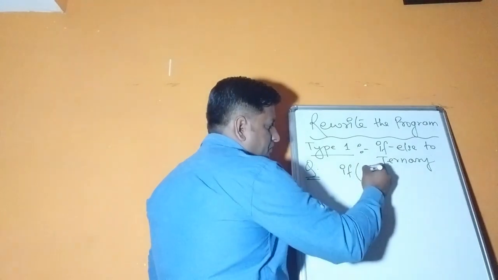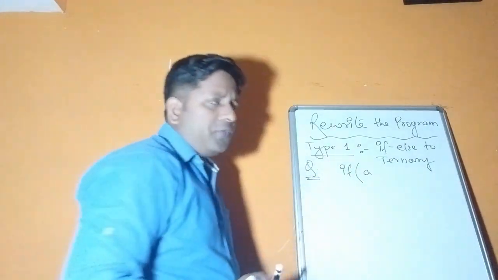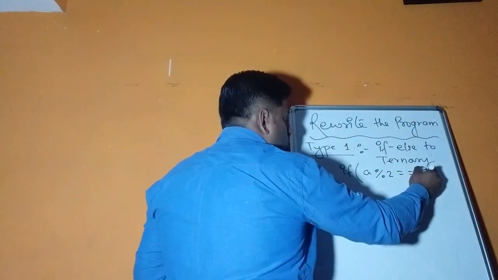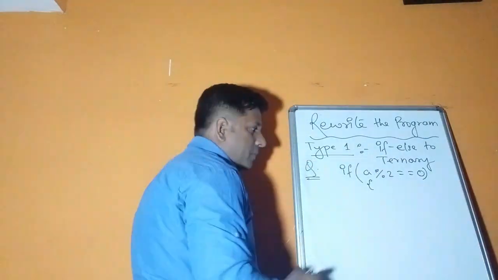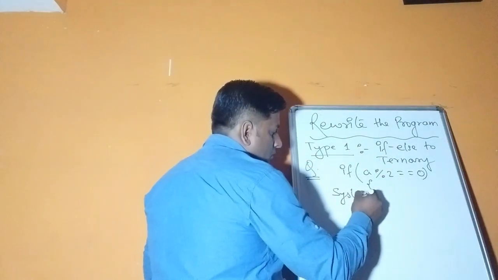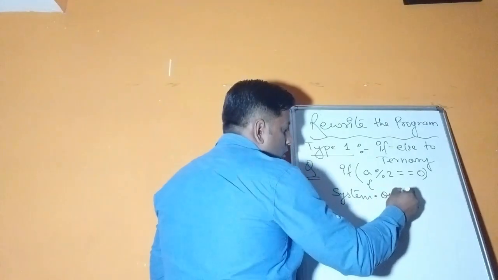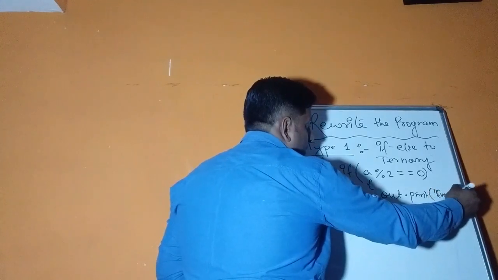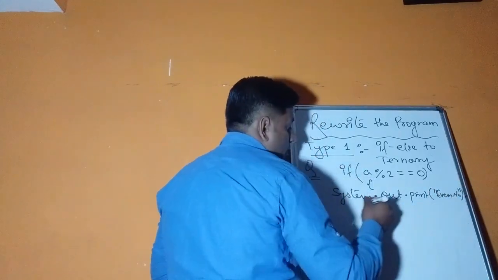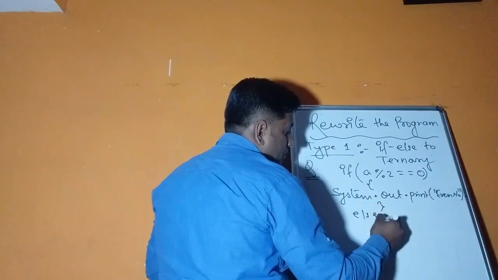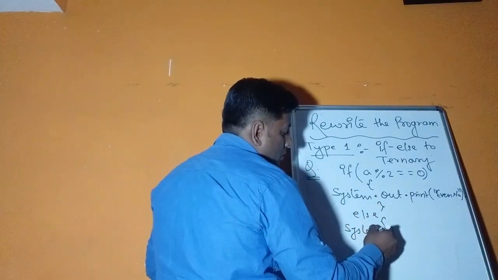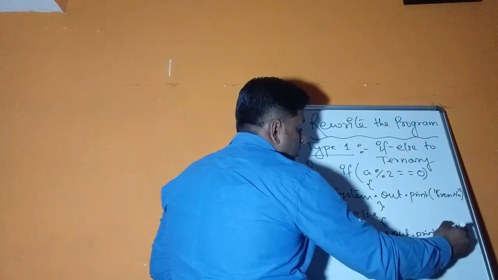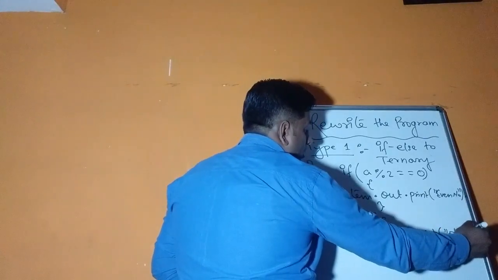If a divided by 2 double equal to 0, then system.out.print even number, else system.out.print odd number.